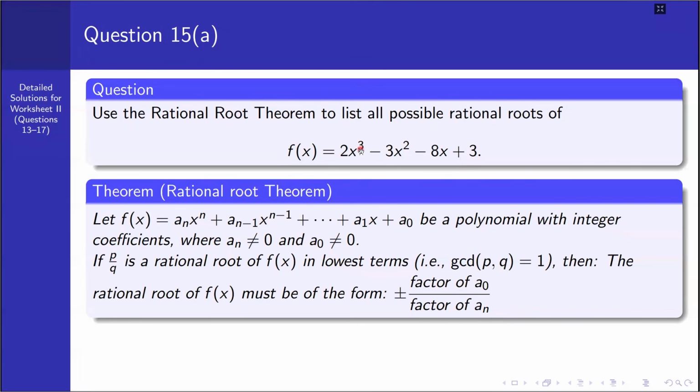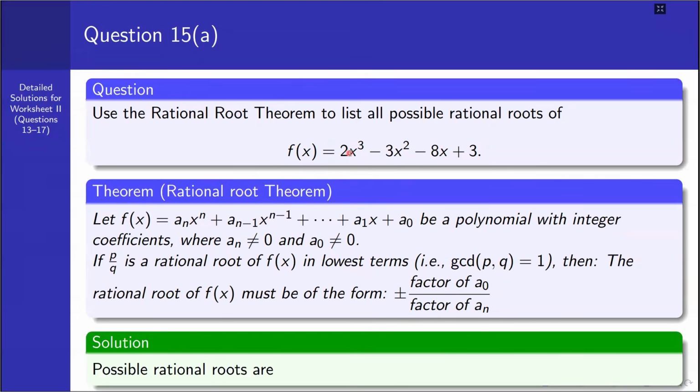Here, the leading coefficient is 2 and the constant term is 3. So if this polynomial function has rational roots, the possible rational roots must be plus or minus the possible factors of the constant term, that's 3, divided by the possible factors of the leading coefficient of this polynomial function, which is 2.